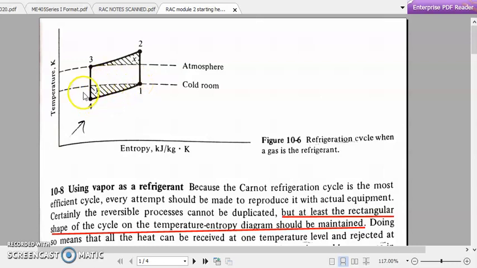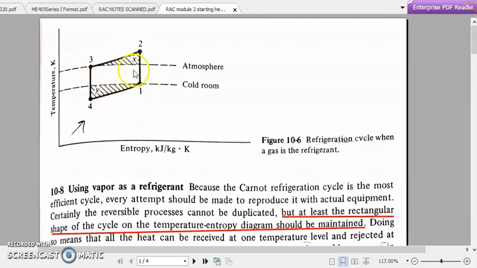Suppose such a working fluid can absorb heat and evaporate, changing its phase from liquid to vapor. Then what will be the shape of this 4-to-1? Instead of a curve like this, during the phase change from liquid to vapor, 4-to-1 will be a horizontal line.